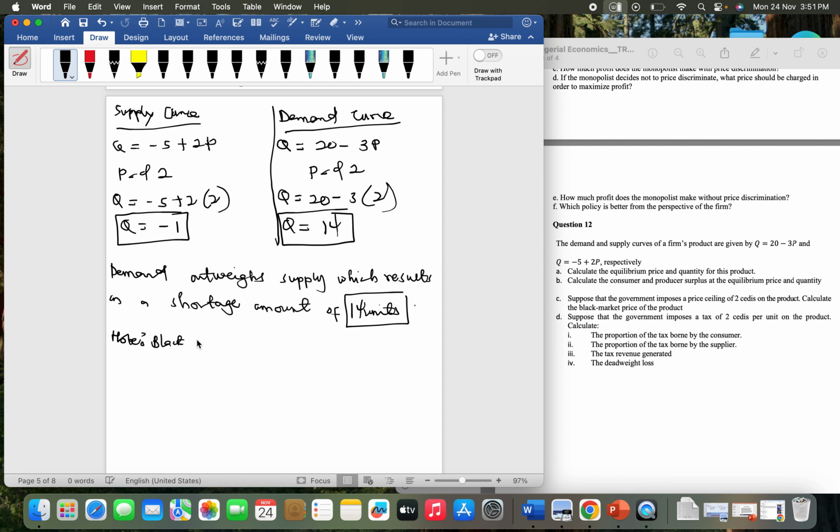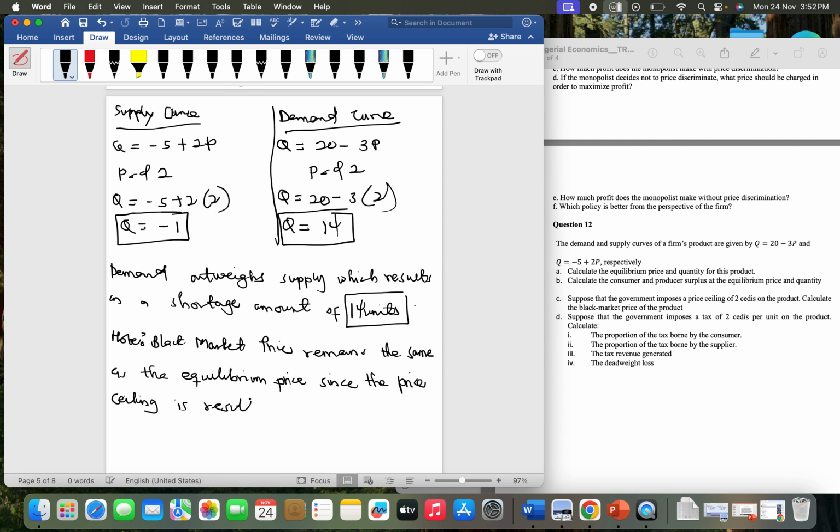So, black market price remains the same as the equilibrium price, since the price ceiling is resulting in a shortage.